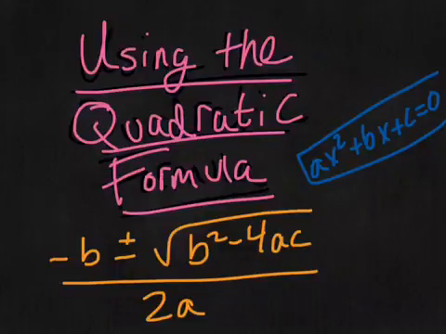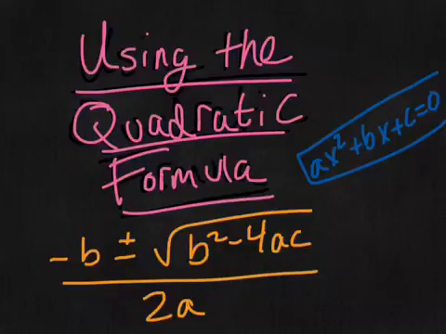So by far it is probably the easiest process to finding the solutions, but there's a lot of things that we have to understand first before we do that, which is why this is the last process that we're using to find solutions for a quadratic equation. So here's our formula, negative b plus or minus the square root of b squared minus 4ac over 2a.